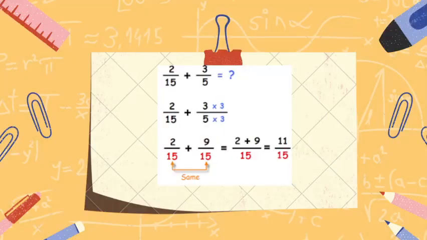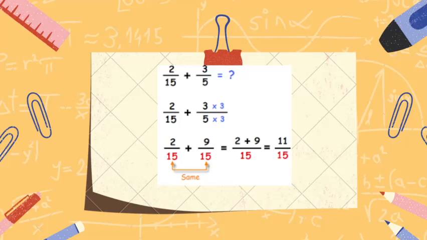So for example here, 2/15 plus 3/5. 15 is different from 5, right? So you need to think of the least common multiple of them, and that will be your denominator.